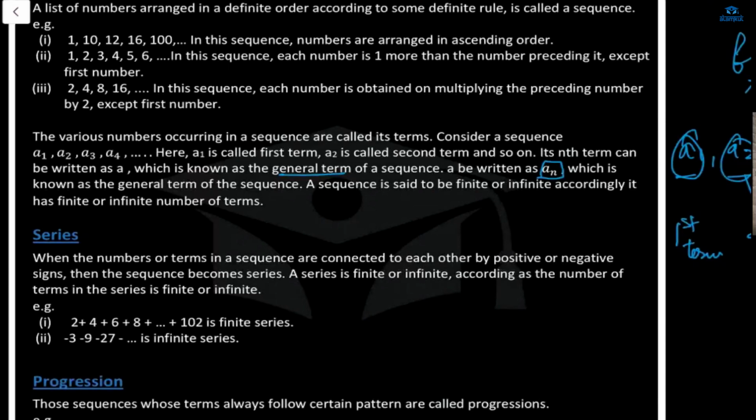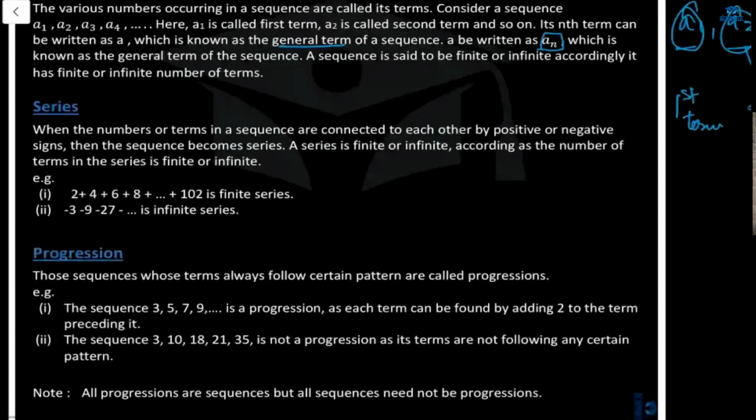Now comes the series. What is a series? When the terms involved in a sequence are connected with a positive or negative sign, then it is called a series. As I have already told you, it can be finite or infinite.